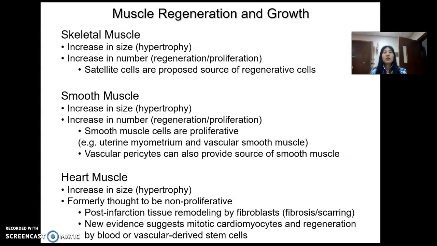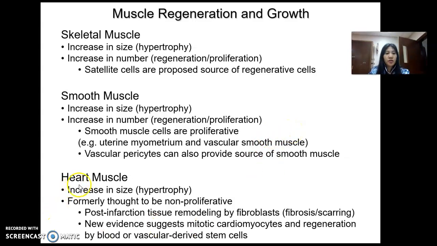Okay, they also help increase in size, or another word, we call it hypertrophy. They increase in number as well. Okay, they are called proliferative muscles. Example, you can find it in your uterine myometrium and vascular smooth muscles.